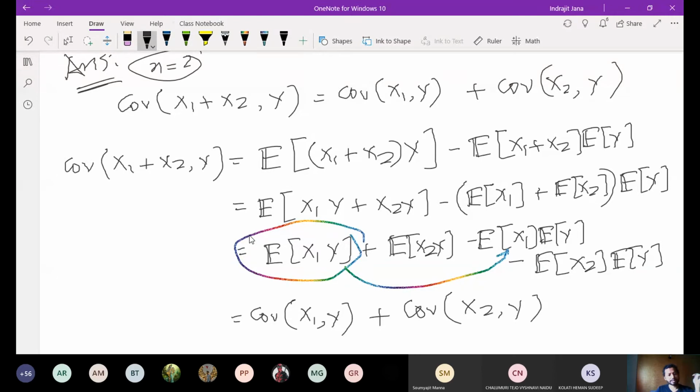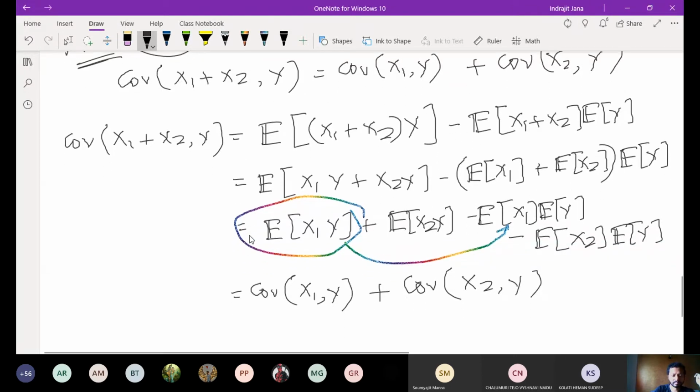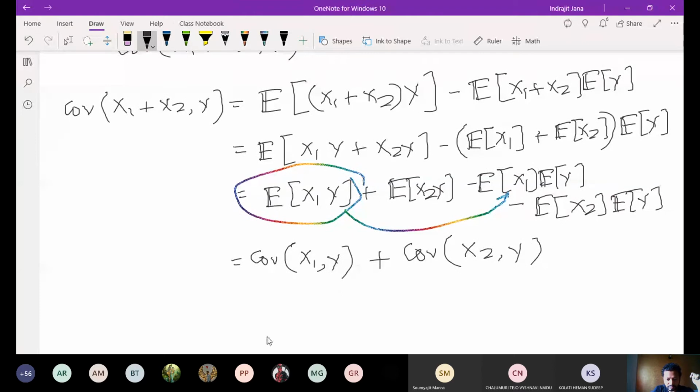So is the basis step clear, that for n is equal to 2, covariance of x1 plus x2, y is covariance of x1, y plus covariance of x2, y? Whoever was requesting this problem, can any one of you respond if this step is clear to you? Yes, sir. Okay. And which problem am I doing? Problem 48. Okay.